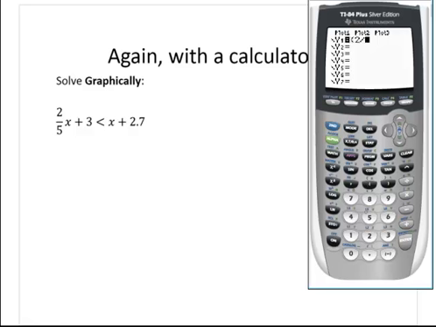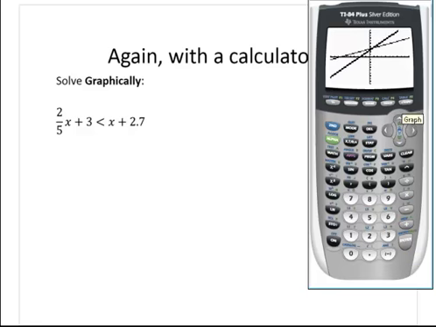It's always a good idea to put those fractional coefficients in parentheses. My y2 will be the x plus 2.7. And again, what I'll do is move over to the left of the y2 and hit enter one time, and that'll make that a thick line.